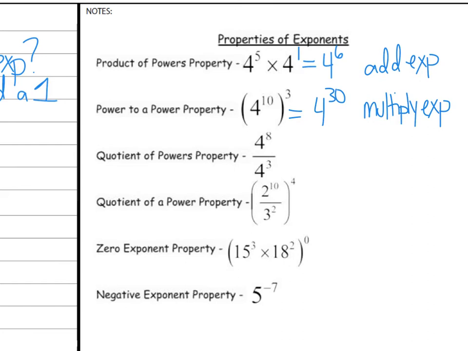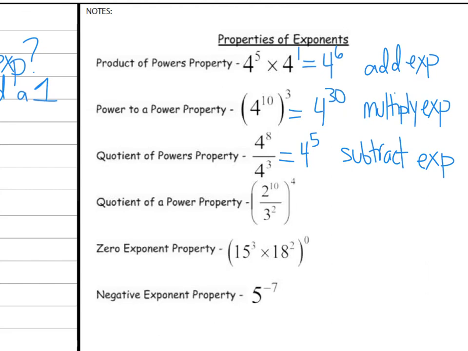The third one, we've got quotient of powers property, 4 to the 8 divided by 4 to the 3rd. When they're on top of each other like this and they're dividing with the exponents, we subtract them. So this would be 4 to the 8 minus 3, that would give us 5. And we're going to write that we subtracted the exponents.